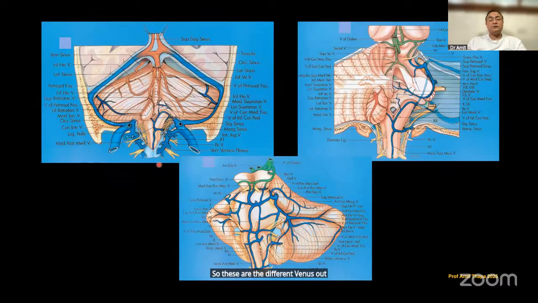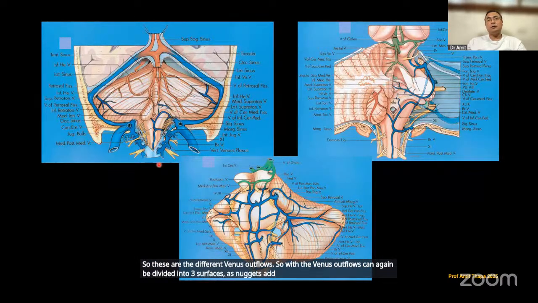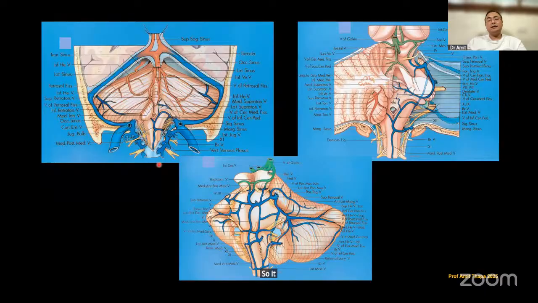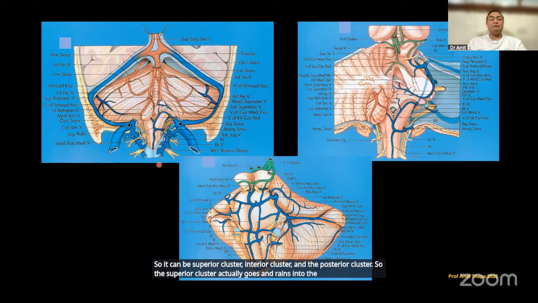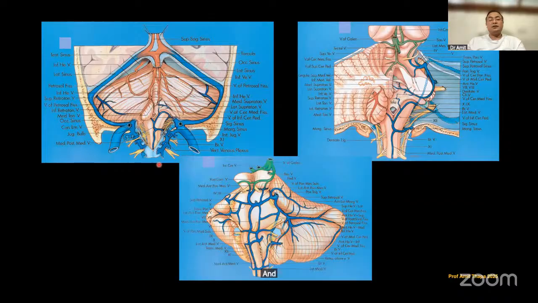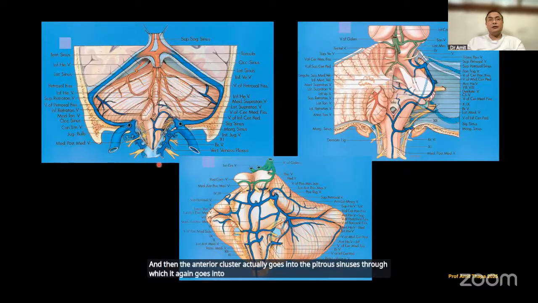So the venous outflows can again be divided into three surfaces, as Nargiza did mention in our talk. So it can be the superior cluster, anterior cluster, and the posterior cluster. The superior cluster actually goes and drains into the vein of Galen formations. And then the anterior cluster actually goes into the petrosal sinuses, through which it again goes into the transverse sinuses and the sigmoid sinuses, and then finds its way into the jugular veins.